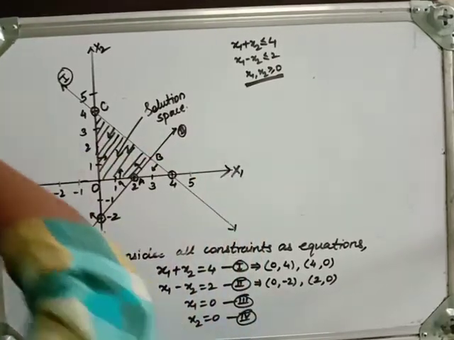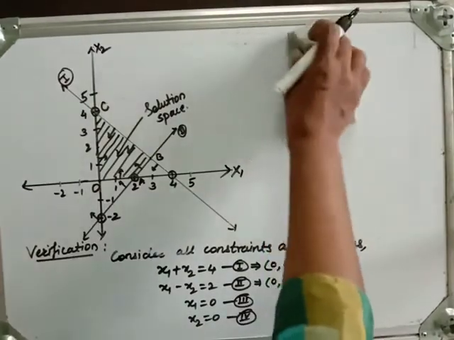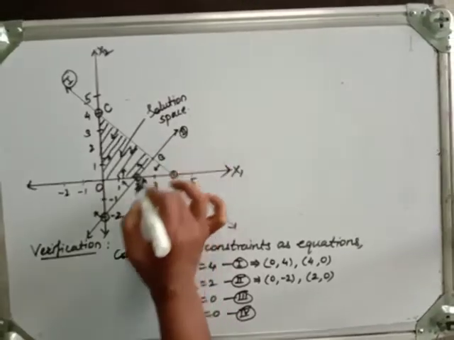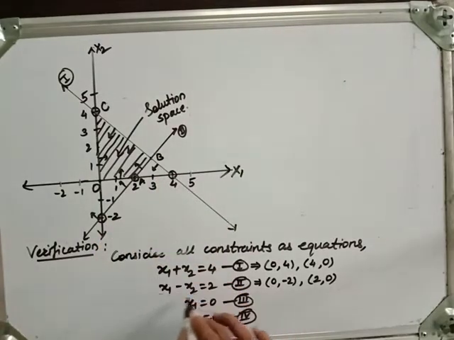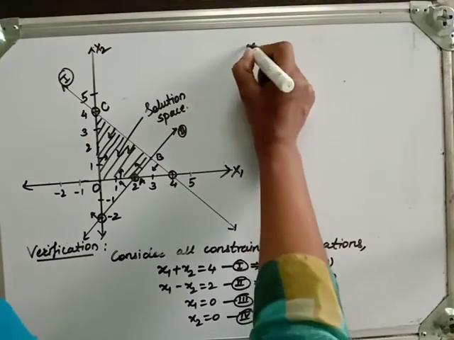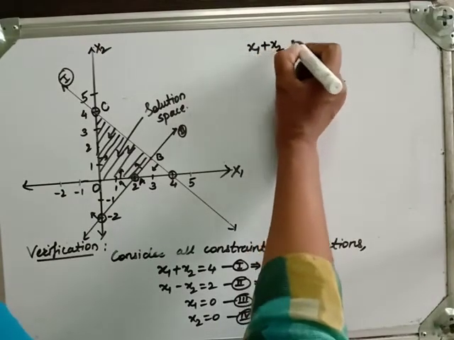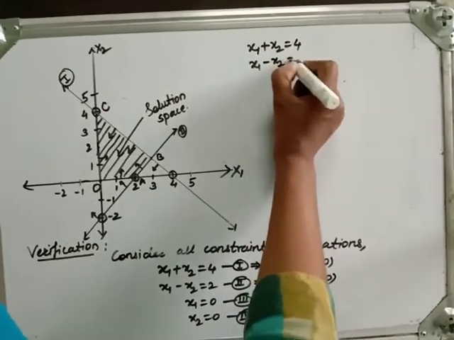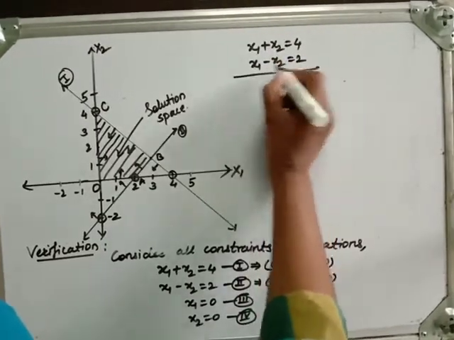Or if you don't get the coordinates of B as such, then consider that it is the intersection of line 1 and line 2. So let us solve line 1 and line 2, then also you will get this point of intersection. Here x1 minus x2 is equal to 2. Now we will add them.